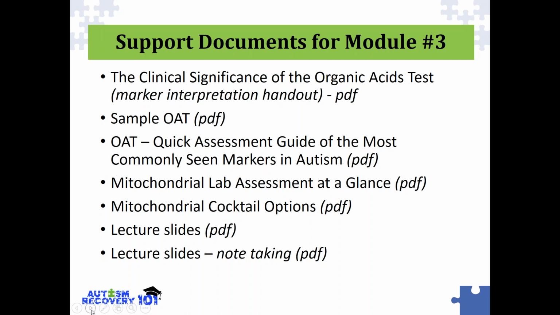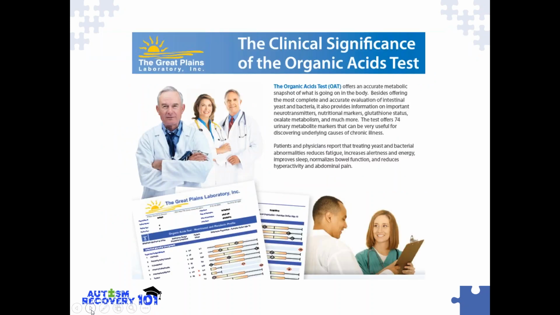And then the last 2 are the mitochondrial assessment at a glance and the mitochondrial cocktail options. That'll fit into this mitochondrial talk, which we'll have shortly. As usual, you'll have access to the lecture slides in PDF form and the lecture slides in a note-taking form that you can use to take notes.